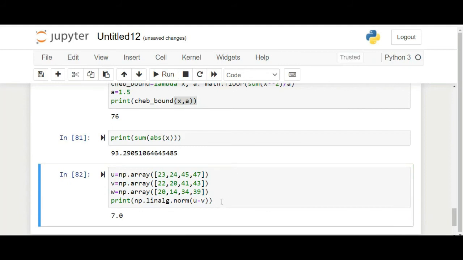This is our answer, and this is the distance between u and v.